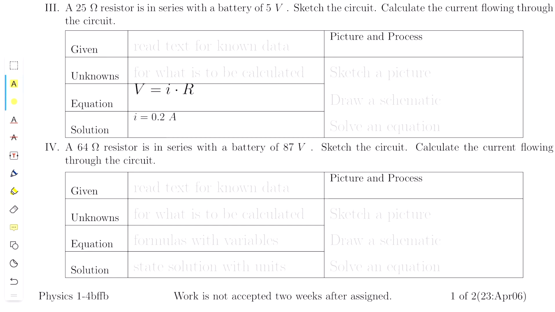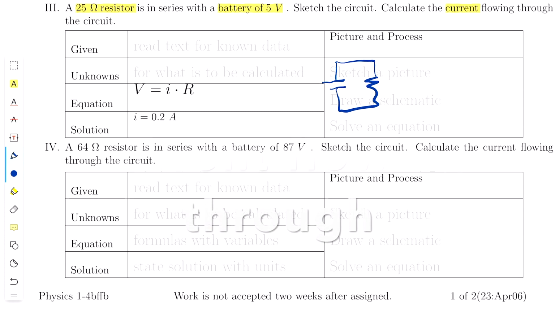Number 3, we have a resistor and we have a battery. The battery has a potential of 5 volts. We want to calculate the current flowing through the circuit. So we again have a battery connected to a resistor in series.